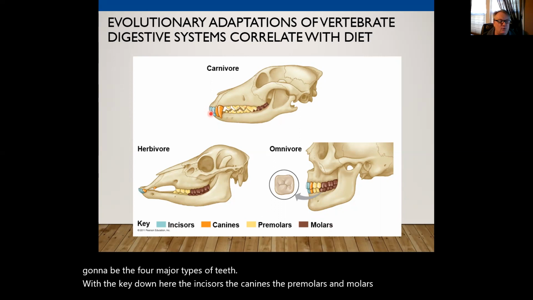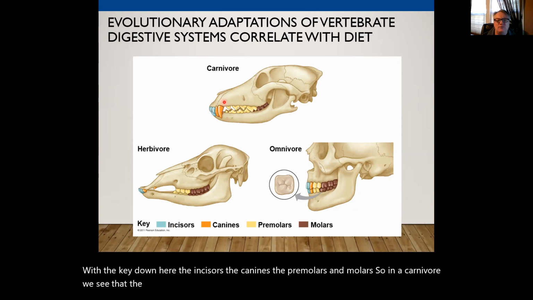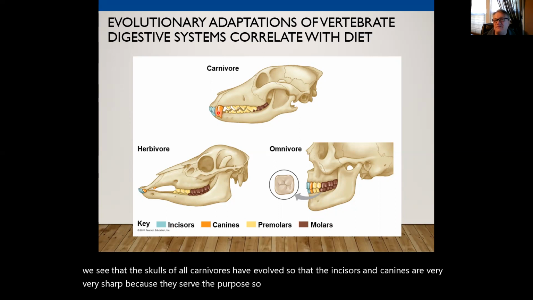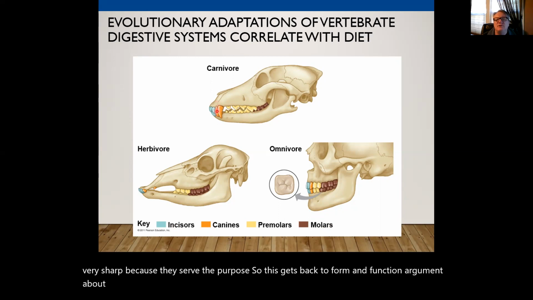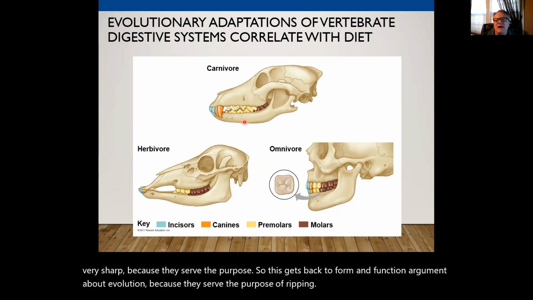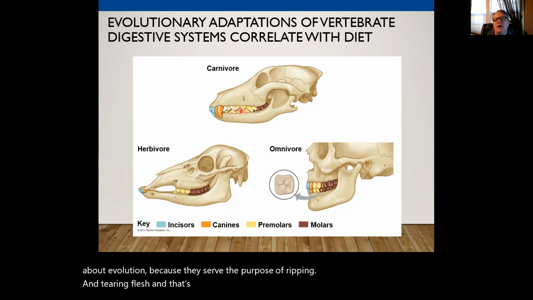In a carnivore, the skulls of all carnivores have evolved so that the incisors and canines are very, very sharp. This gets back to the form and function argument about evolution, because they serve the purpose of ripping and tearing flesh. And that's true also of the premolars and the molars.